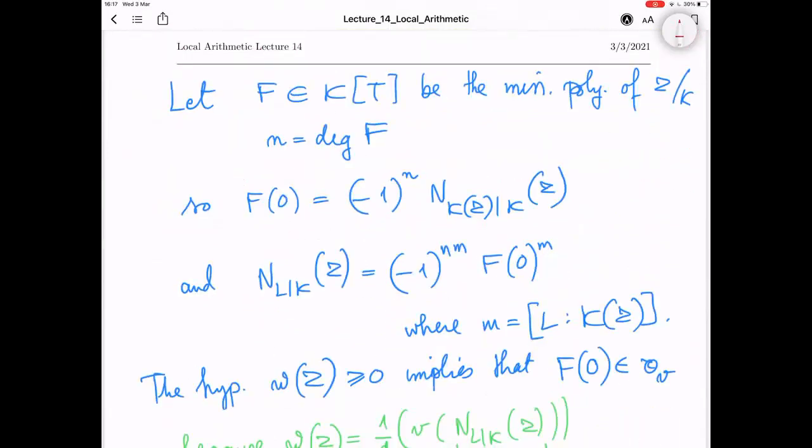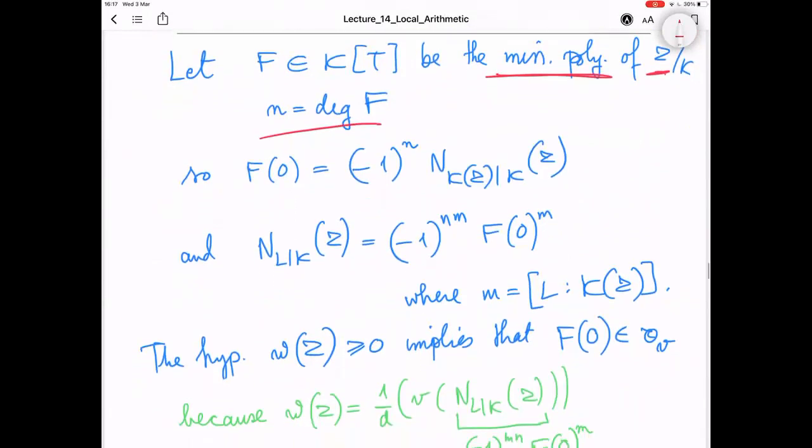So I take the minimal polynomial of Z over K, and let's call N the degree of this polynomial.